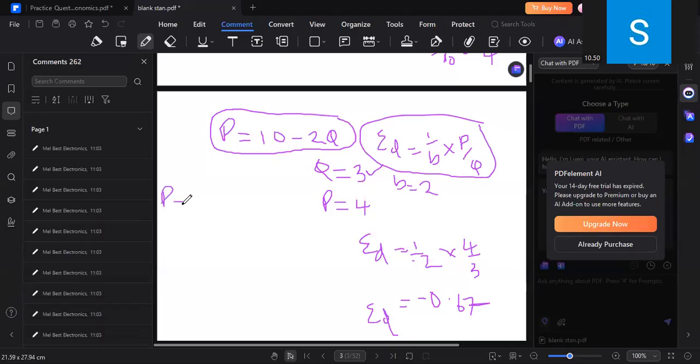Another one. P is equal to 50 minus 4Q. And we're given here that our Q is equal to 5. What is our P and what is our B? And what formula do we use?